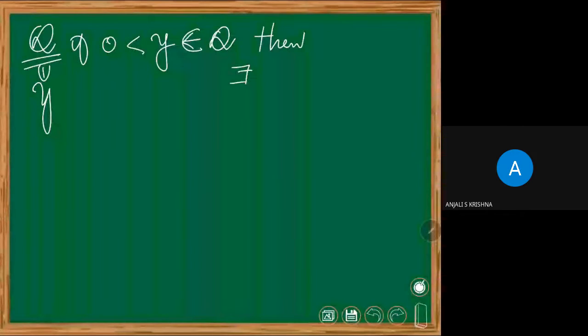Take any y. Can you just say something? If y is any rational number, maybe you can take it positive, since measurement is always taken positive. So if 0 less than y, with y in Q, a non-negative rational number, then is there some m in N, m meaning 1 added m times?